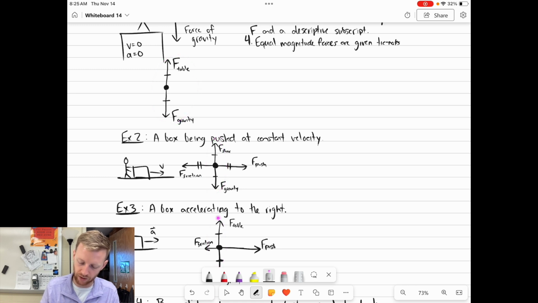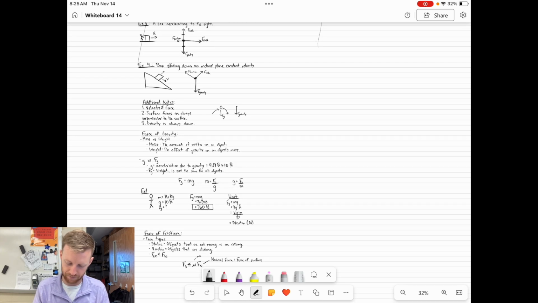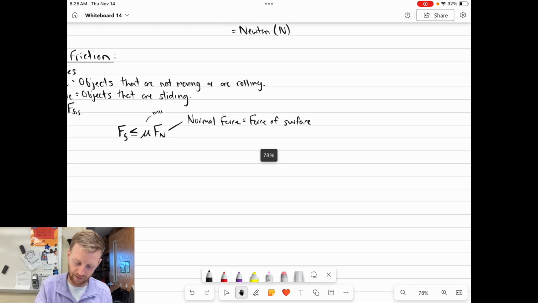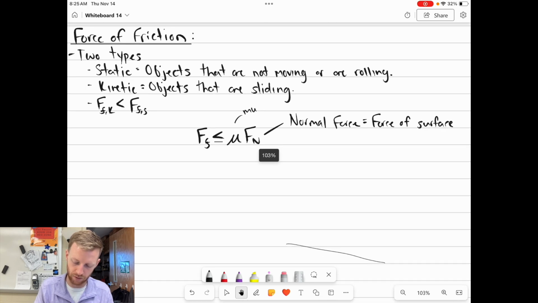So that's an important note: if I am on a level surface, then mg is going to be equal to normal.